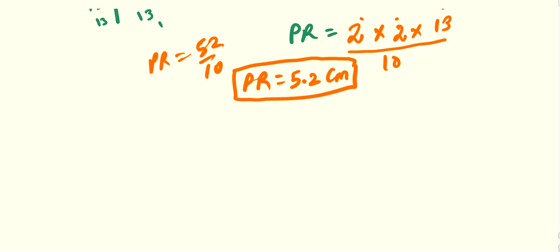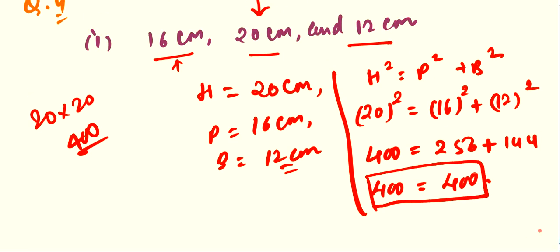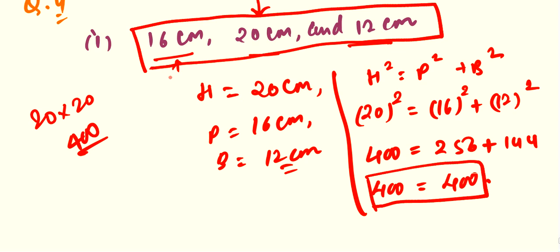Now we are getting the same value, 400 equals to 400. That means you can form a right angle triangle by using these sides. Suppose if you are getting here, for example, 360, so they are not equal, both are different, 360 and 400, they are not equal.